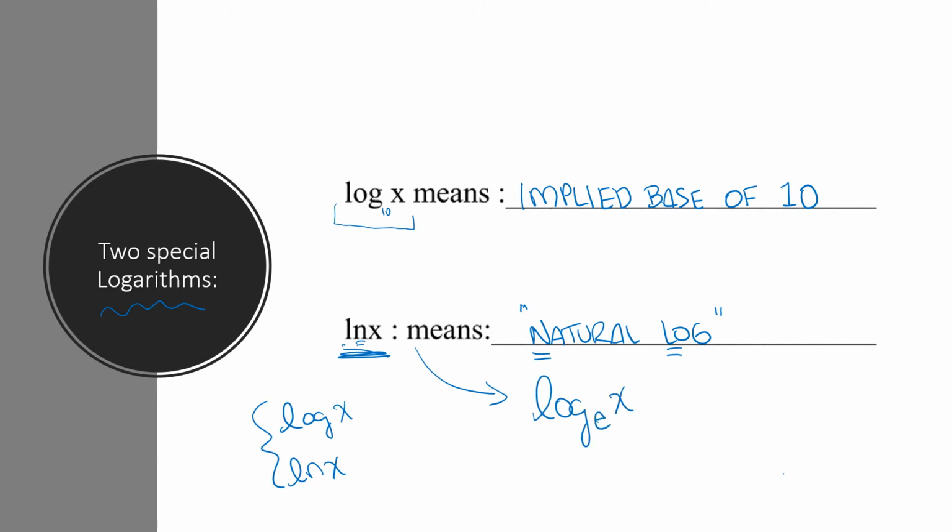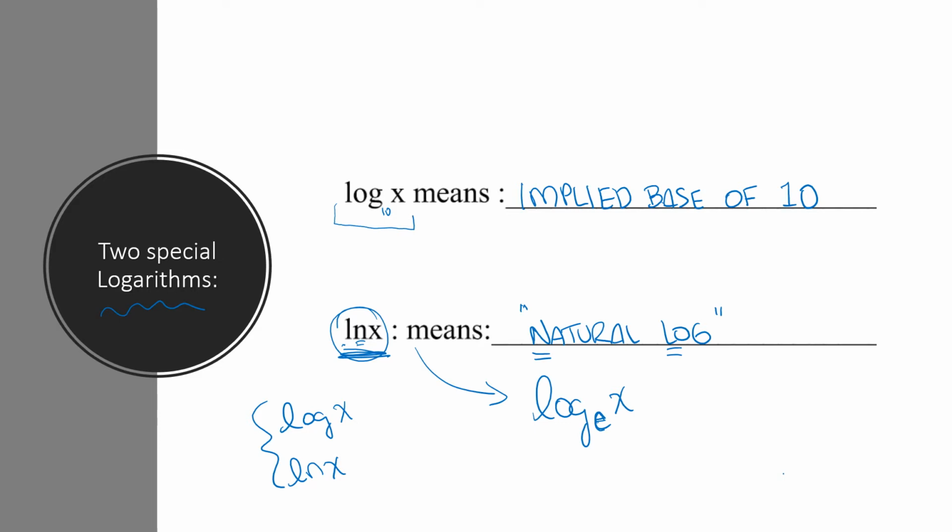If you see ln of x, that means it's got a base of e. One way to remember that is to look on your calculator. The ln button is right under the e to the x button. And the log button is right under, and by under I mean you'd have to use your second button, the 10 to the x button. So that's a little cheat sheet for you to remember that.